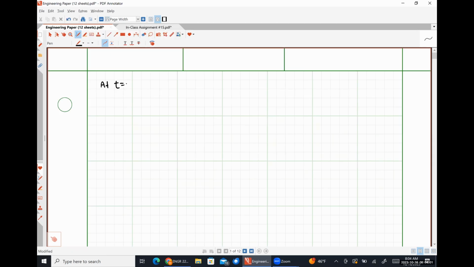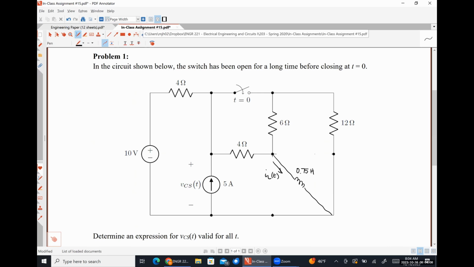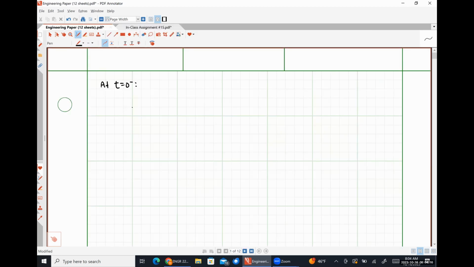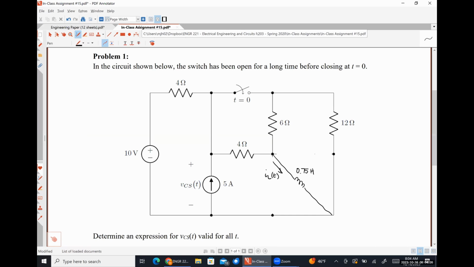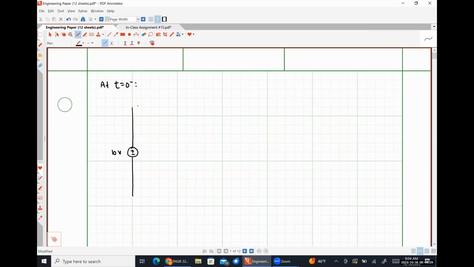So at t equals 0 minus, going back over here, our inductor is going to look like a short circuit and our switch is open. So I'm going to redraw this. If I'm not mistaken, that was a 10-volt source, 4 ohm resistor.